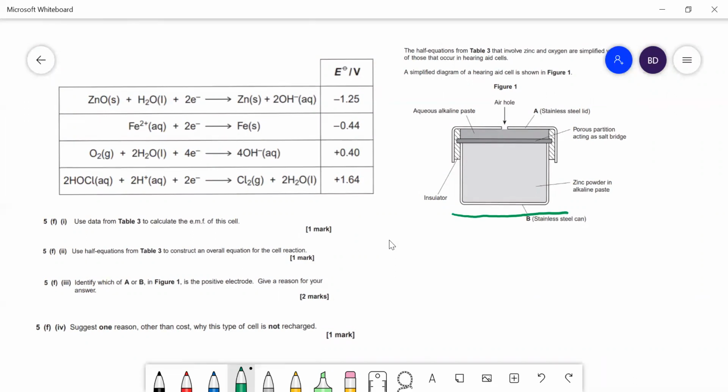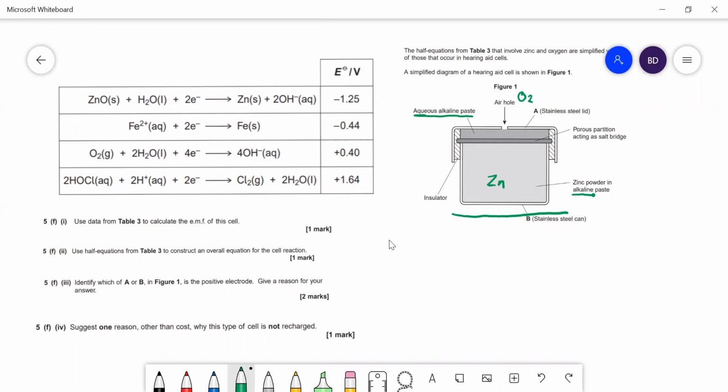And we see here, what's it got? It's got an air hole. I think that's going to be to allow O2 coming in. That's a reactant. And we've got, this is alkaline, aqueous alkaline paste here. And in this bit, we've got zinc powder. Okay, and that's also an alkaline solution, or alkaline paste.